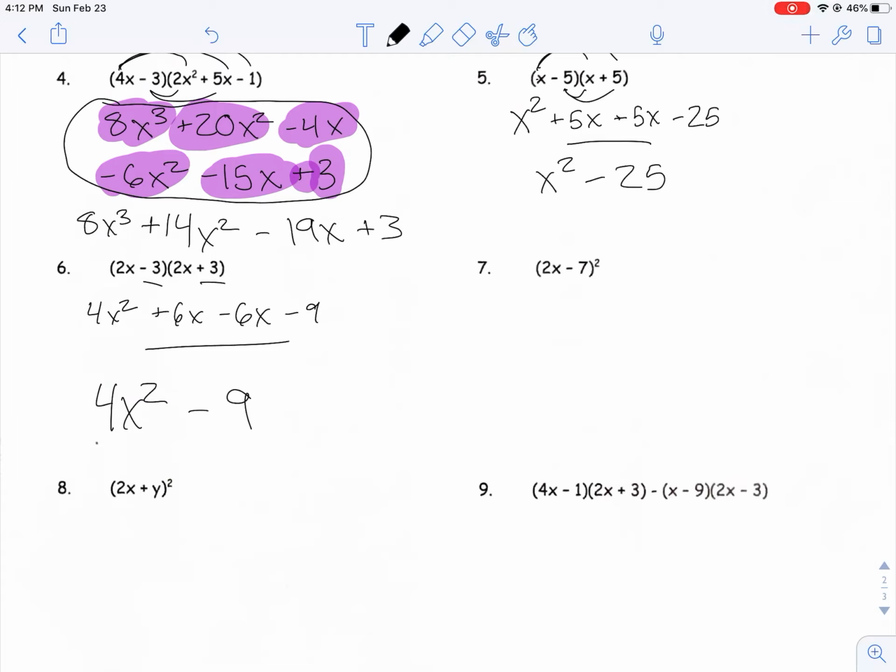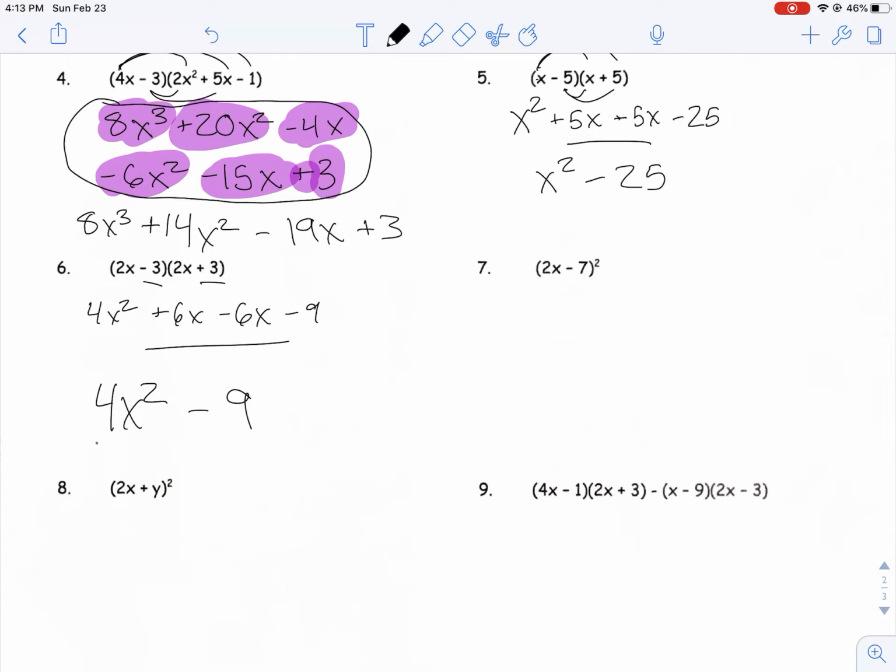All right. Now number 7. Number 7 is one that lots of people are going to get wrong on the test, because what they're going to do is they're going to think that they can just distribute that exponent of 2 into each part. But that actually is incorrect. This is kind of a special case. It's a special example of things that sometimes go wrong.